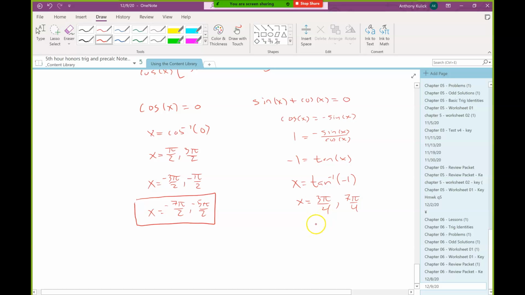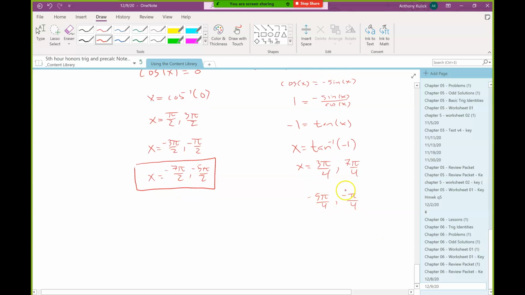So we'll do the same tricks. I'll subtract 2 pi from each of these. So I have negative 1.25 pi and negative 0.25 pi.